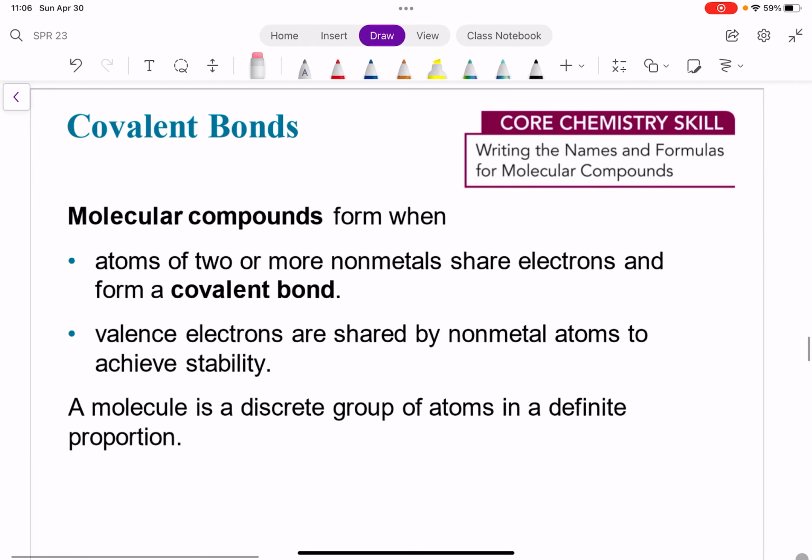All right, so a little bit about covalent bonds first. So molecules or molecular compounds form when atoms of two or more nonmetals, remember covalent is nonmetal plus nonmetal, share electrons to form a covalent bond.